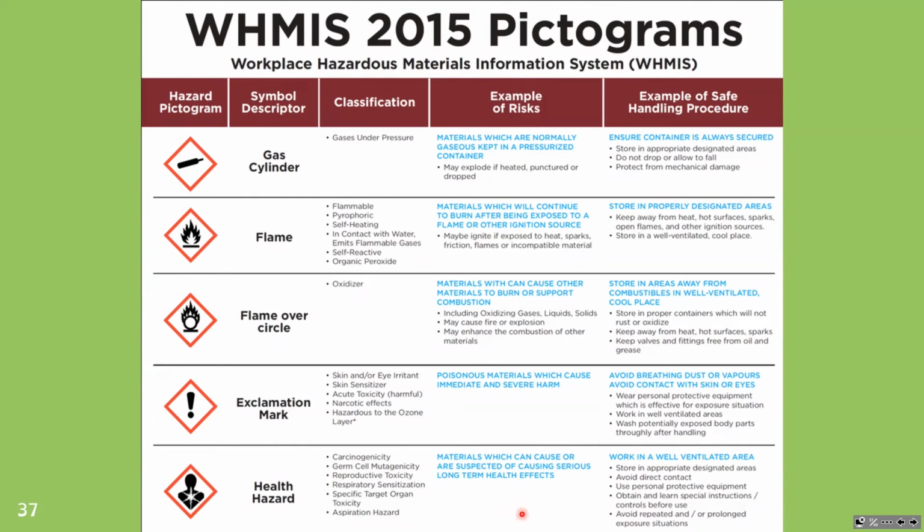These risks are materials which can cause or are suspected of causing serious long-term health effects. To be safe, work in a well-ventilated area, store in appropriate designated areas, avoid direct contact, use personal protective equipment, obtain and learn special instructions and controls before use, and avoid repeated or prolonged exposure situations.